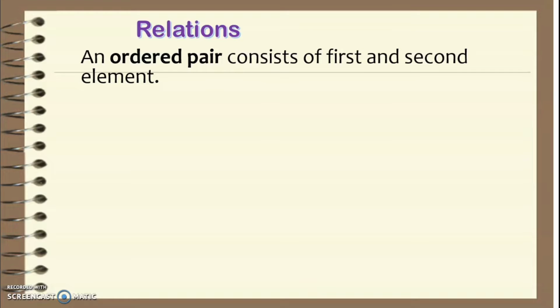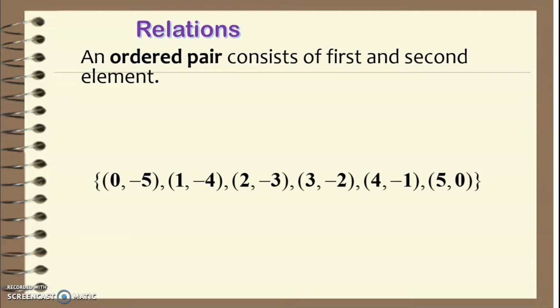An ordered pair consists of first and second element. Yun nga, yung X and Y element.